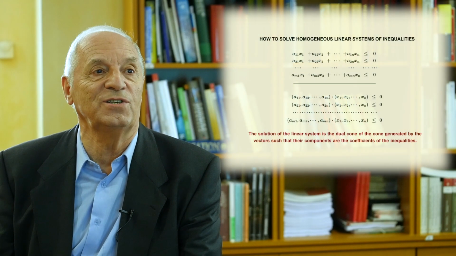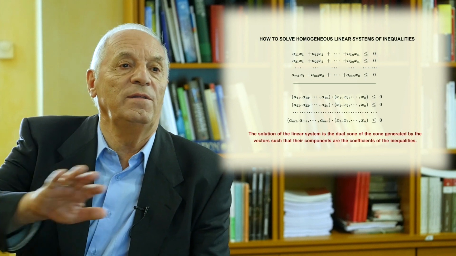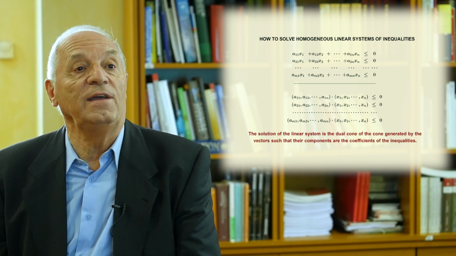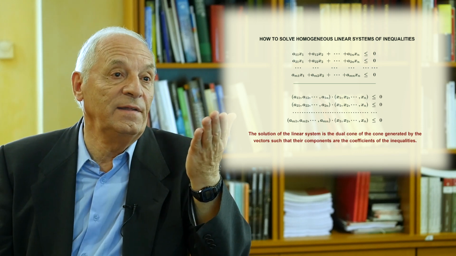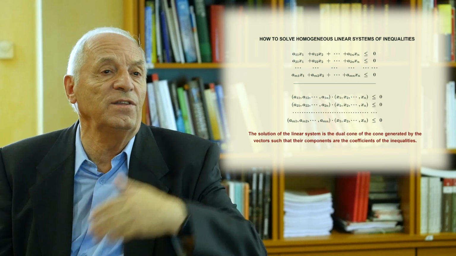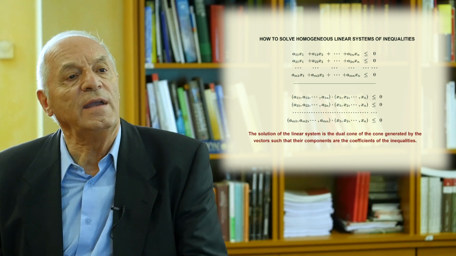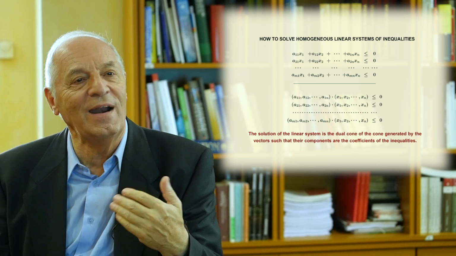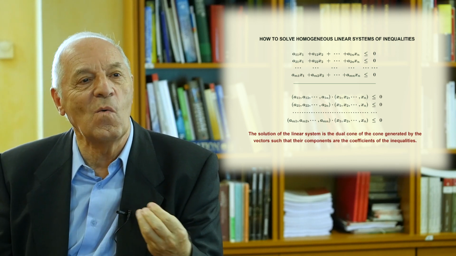Let me now explain how to solve a linear system of inequalities when this is a homogeneous system. That is, when all the independent terms are zeros. The idea is to write that system, which is the traditional way of writing the system, in a different way, in such a way that we can see polarity or duality in some way.